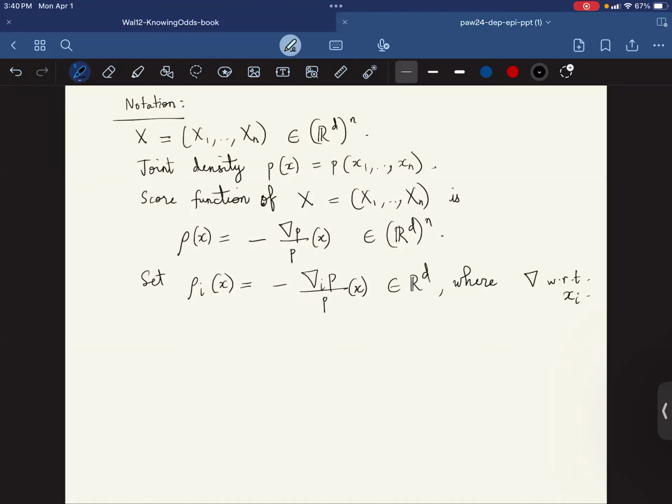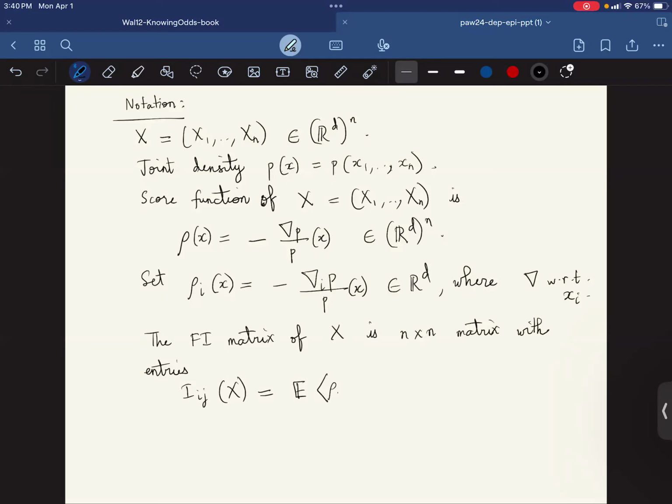So anyway, the Fisher information matrix of this big vector x is the n by n matrix with entries I sub ij of x, which is given by the expected value of the inner product of rho i and rho j.